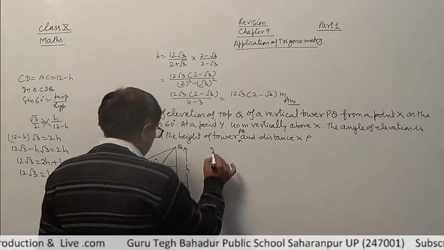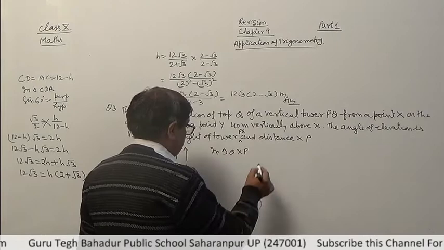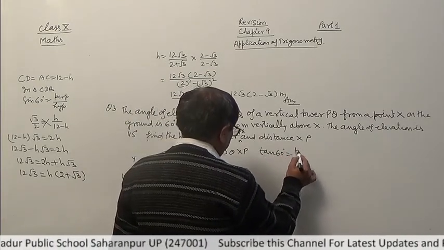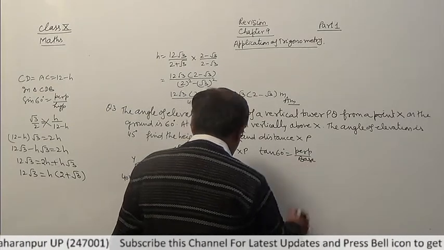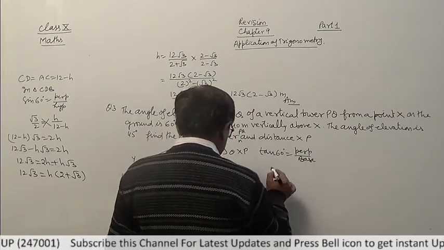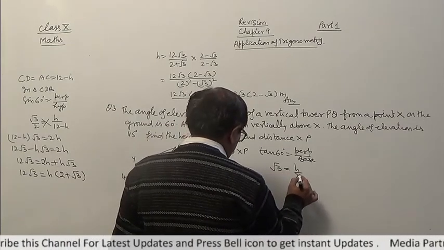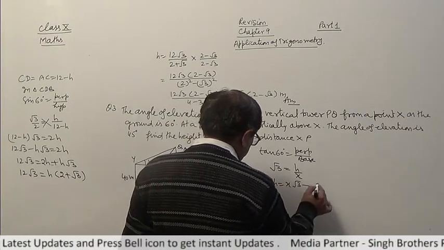So in triangle QXP, tan 60 is perpendicular upon base. Tan 60 is root 3, h upon x, or h is equal to x root 3.